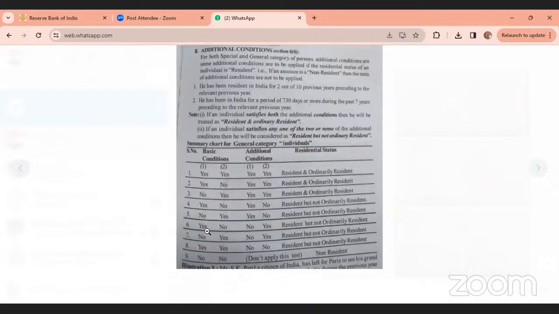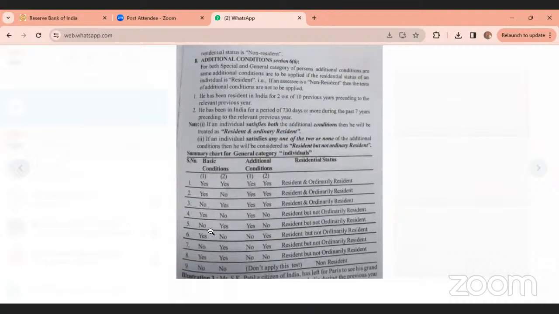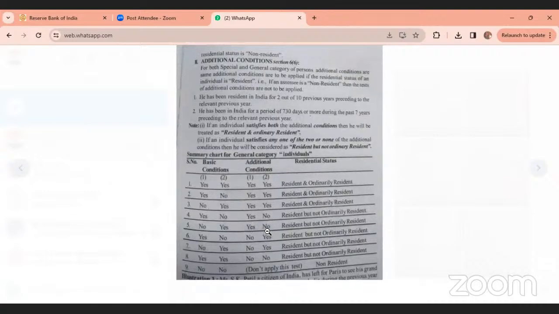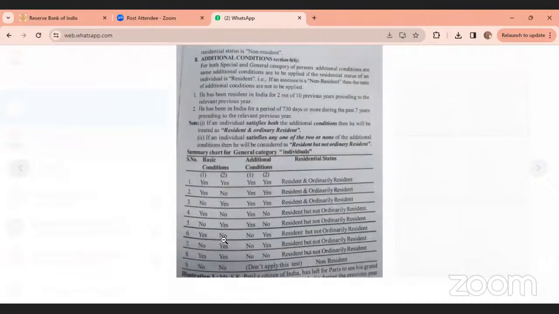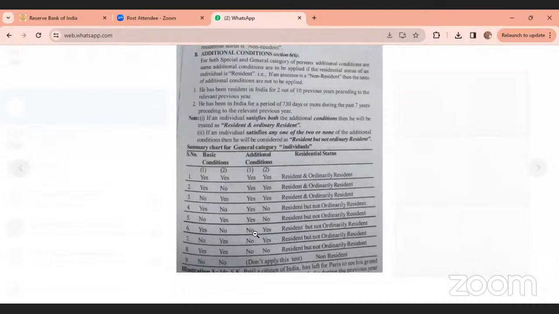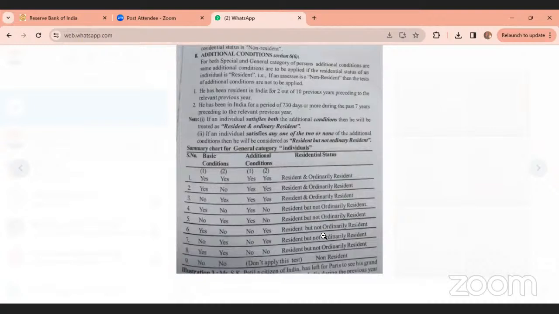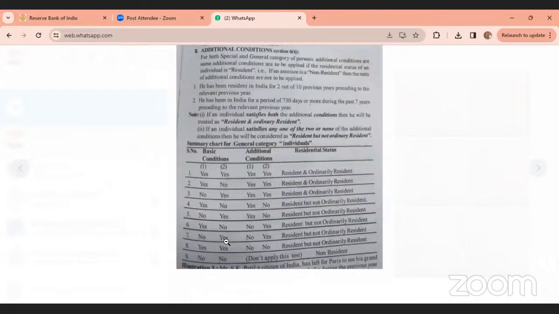Fifth point also, see, in basic condition, he satisfied one of the basic conditions, but not both the additional conditions. That is the reason that one is called resident, but not ordinary resident. And sixth point also, one of the basic conditions is satisfied, and again he did not satisfy both the additional conditions. Only one additional condition satisfied. In that case also, he is called resident, but not ordinary resident.